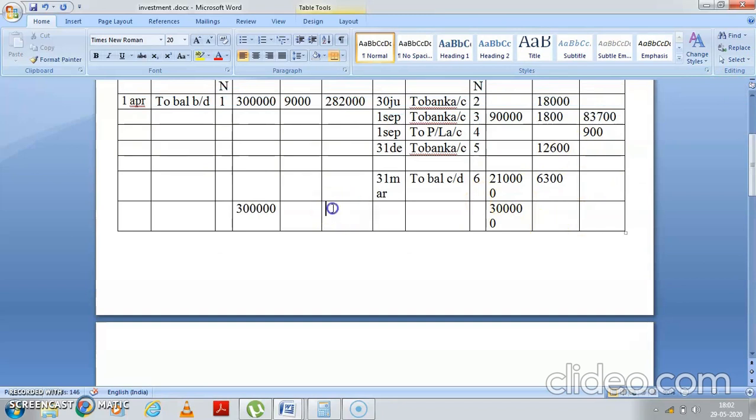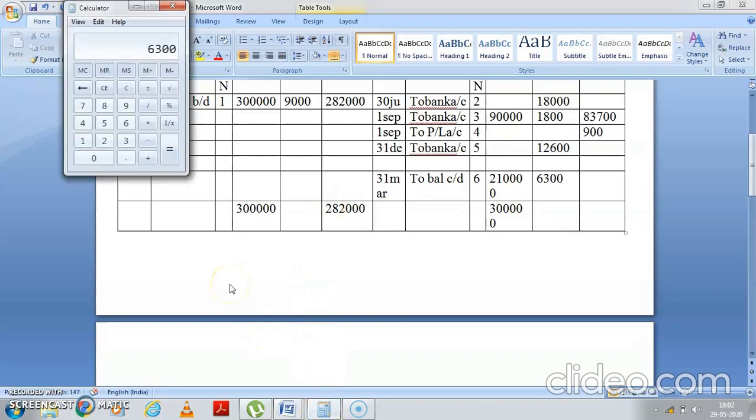Okay, now see here you are having 2,82,000 and here how much is left with you? 2,82,000 minus 83,700 minus 900. So roughly what is left with you is 1,97,400.